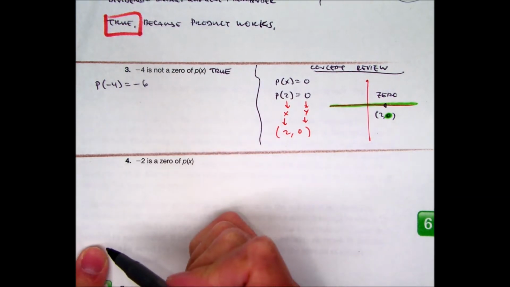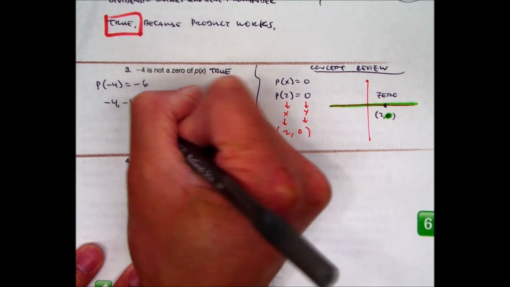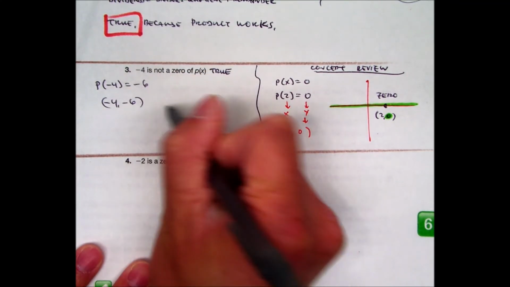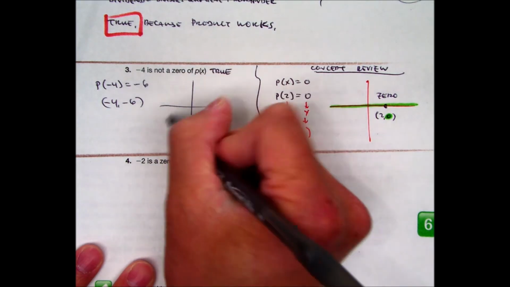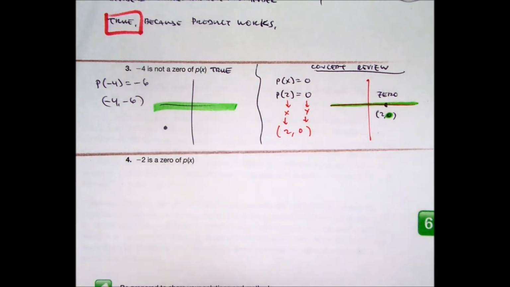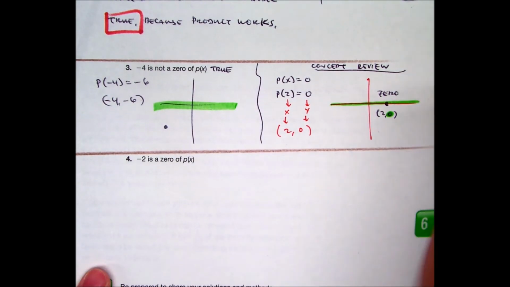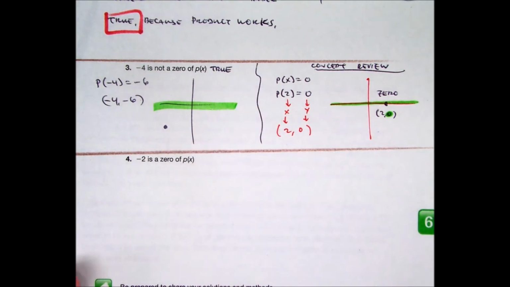Class, what's the ordered pair? If you graph that, does it touch the x-axis? No, it doesn't, right? That's why the answer is negative 4 is not a 0, so that is true.